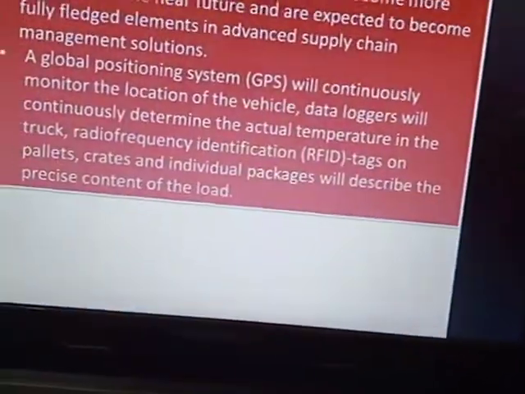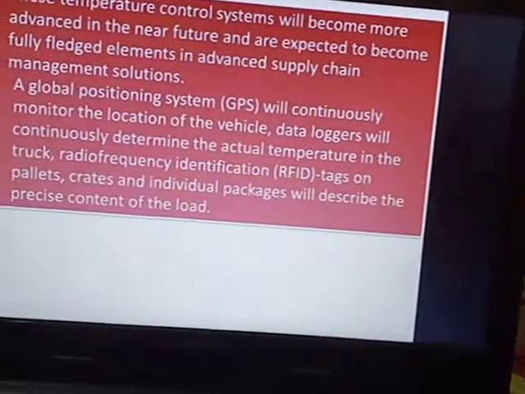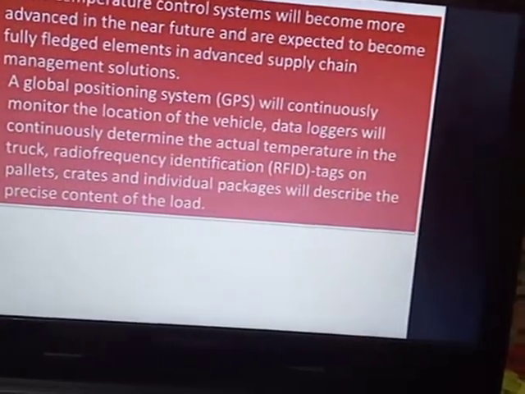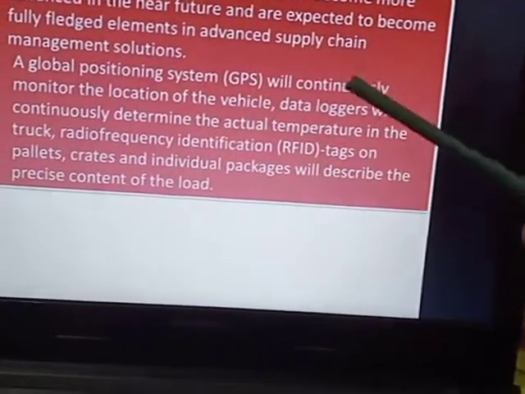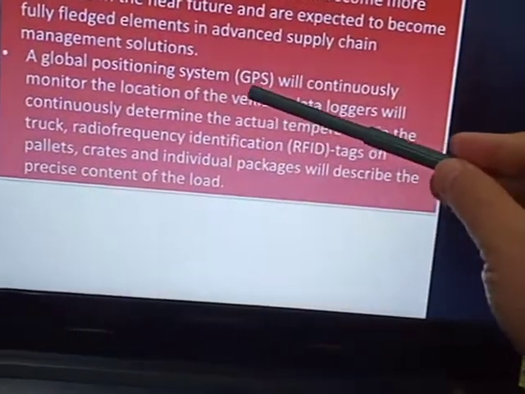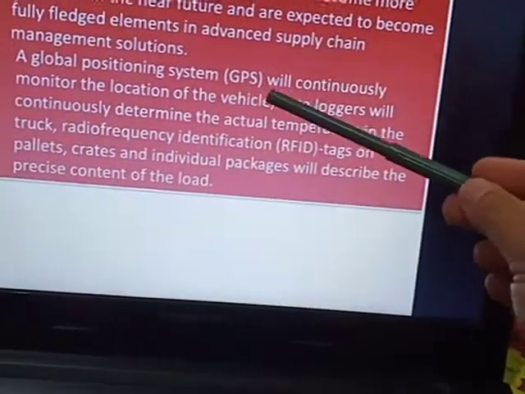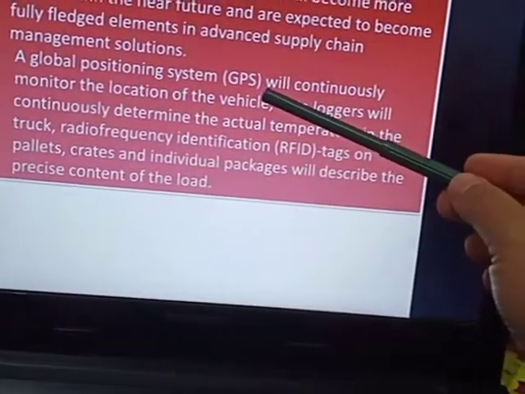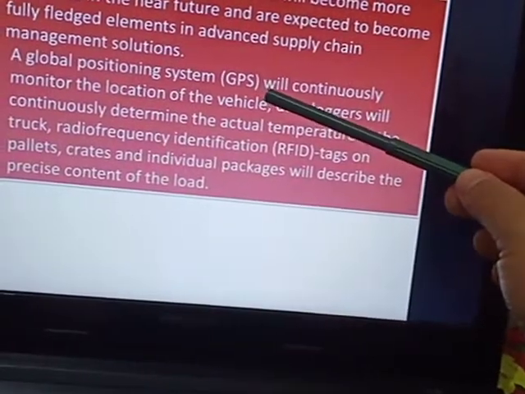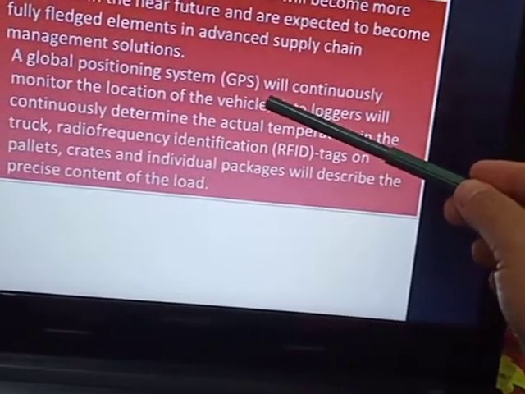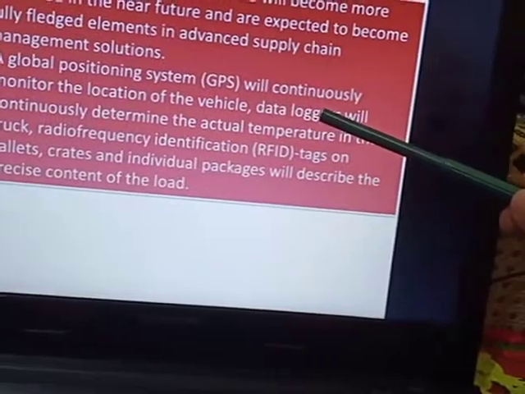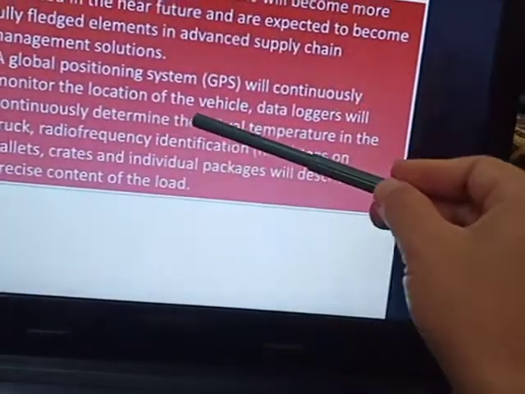So every lorry will be equipped with data logging that is accessible online and in real time. Global positioning system: add GPS, so you know the temperature is increasing, and at what place it is increasing. It will continuously monitor the location of the vehicle.